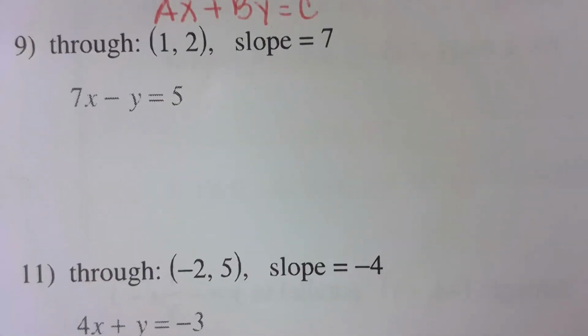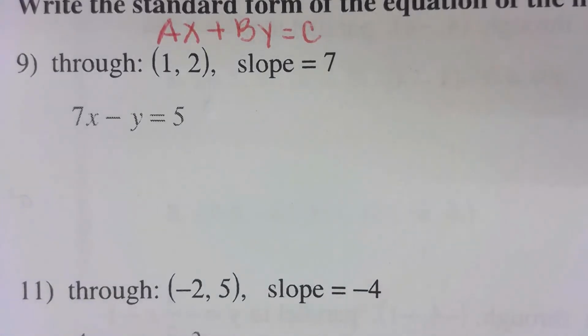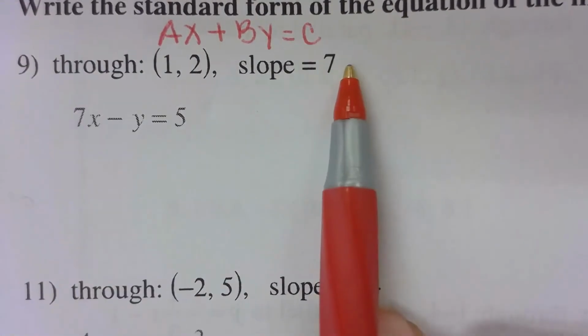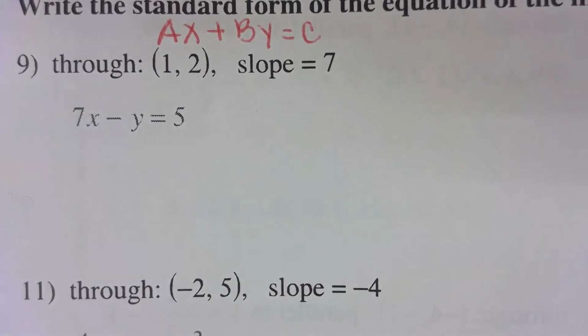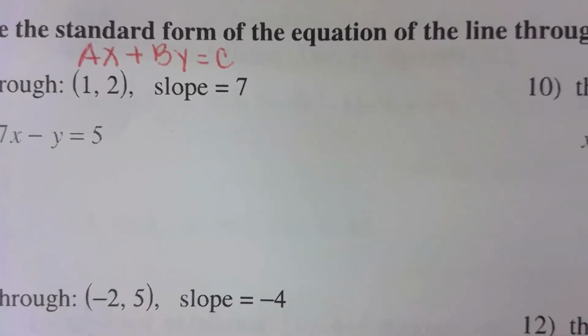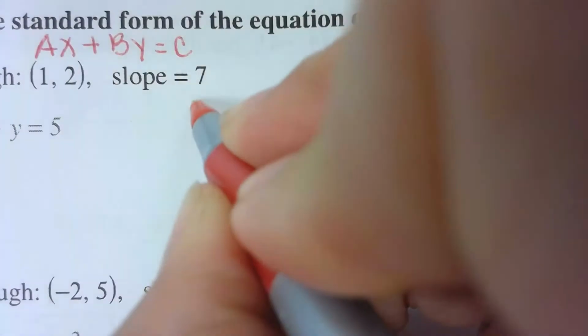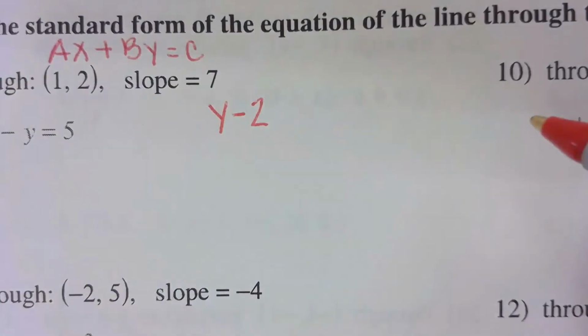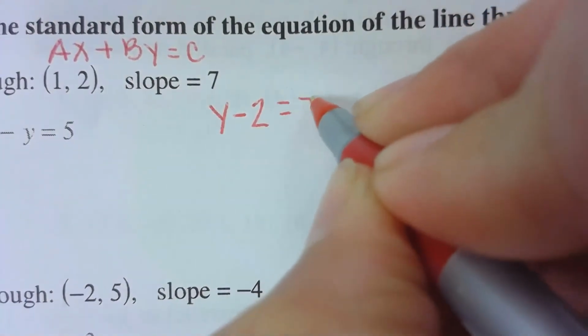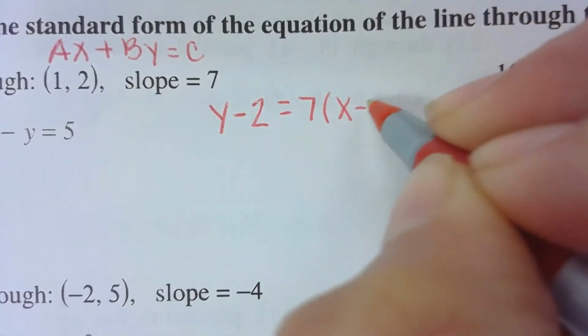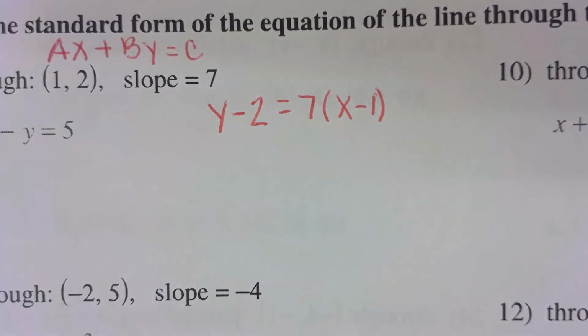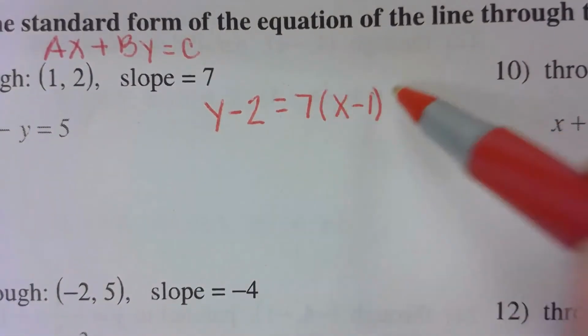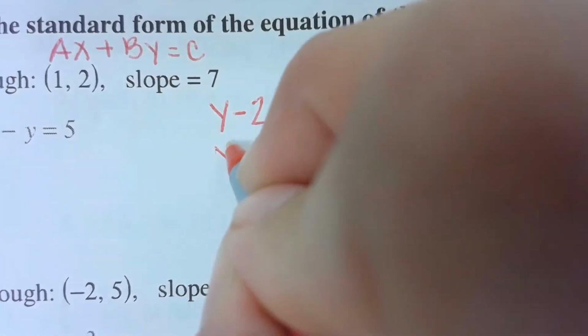Okay, number 9. If we have a point and a slope, and we want to get it in standard form, we're going to start with point slope form. That's y minus y1, so in this case 2, equals m times x minus x1, which is 1. Distribute the 7.